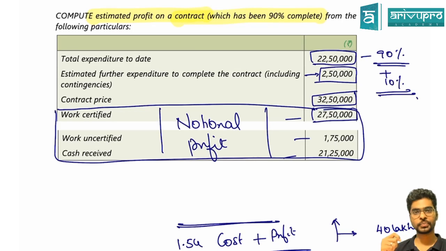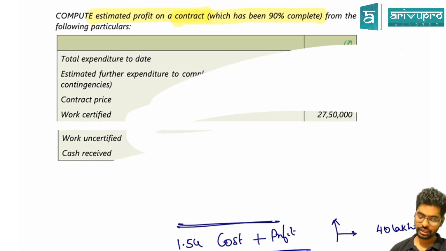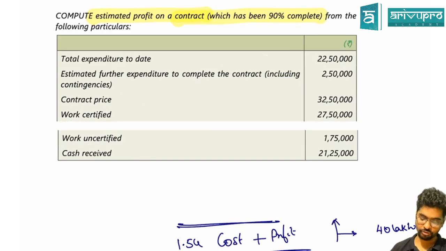Are you clear till now? So with this as a base, my total cost of completion will be 25 lakh, selling it for 32,50,000. Therefore, my estimated profit will become what? 7,50,000. Are you clear?